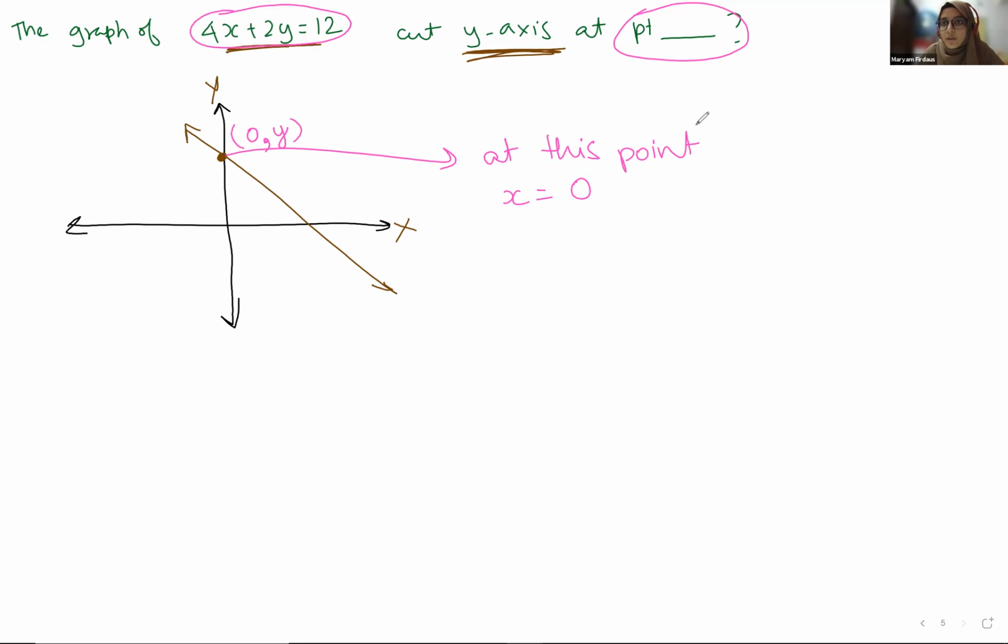So now tell me, what can I write, Hamna, if I put x is equal to 0 in this equation? Anyone else? Ma'am, 0 plus 2y is equal to 12.